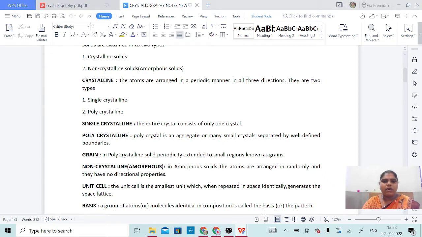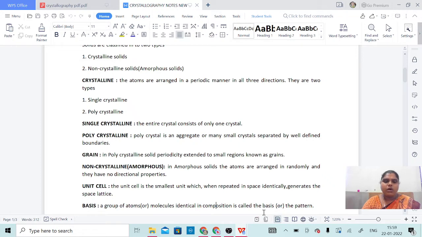A powder can be divided into small grains. In a polycrystalline solid, when periodicity extends only over a very small region, it is known as a grain. Now, non-crystalline means amorphous.